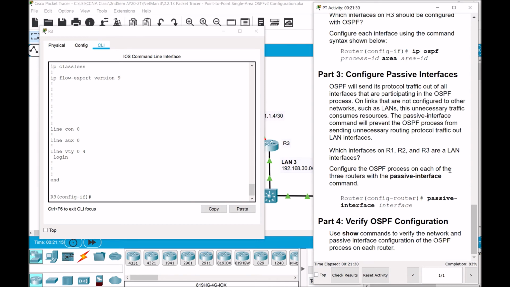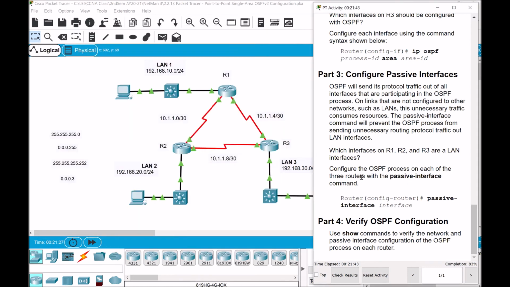So what we'll be doing is to prevent the OSPF process from sending unnecessary routing protocol traffic through these LAN interfaces.